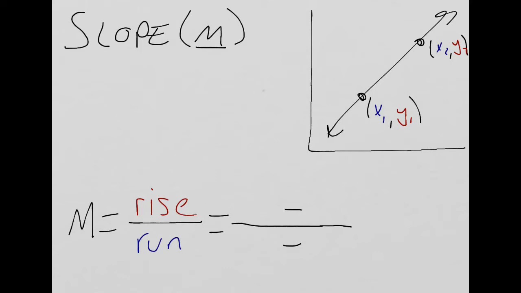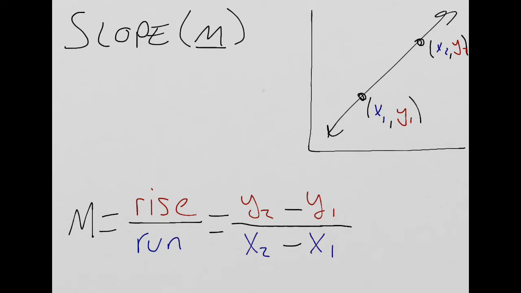So the rise is going to be the difference between our y values. So we talked about rise over run. So our rise in this case is going to be y2 minus y1, and our run is going to be our x values. So it's going to be x2 minus x1.